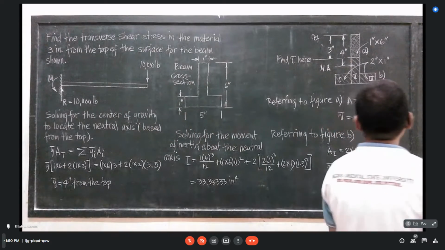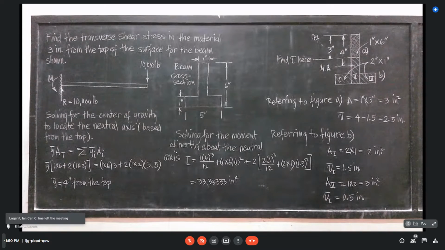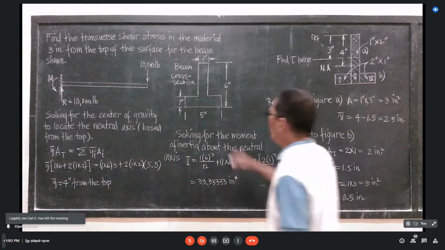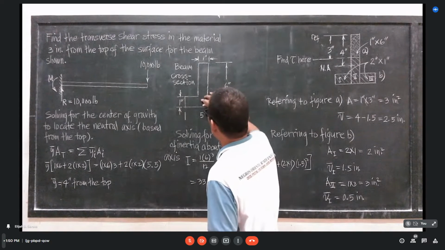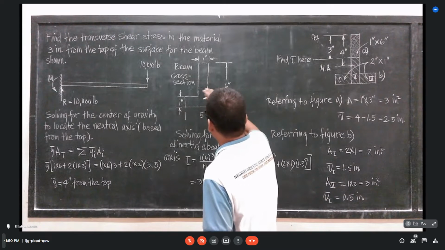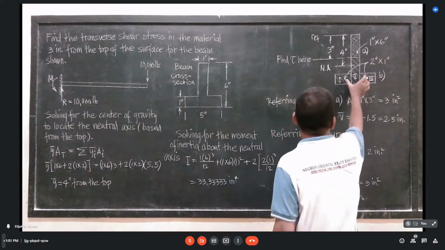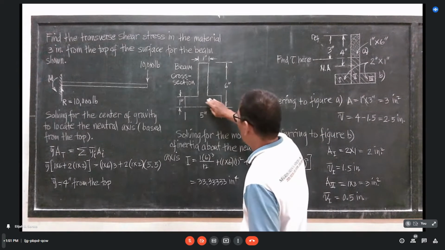We have no more problem with how to determine or locate the centroid of a composite area. Actually, you can cut it there, no? You only have two areas to deal with. I did it this way because it is a little bit more complicated.